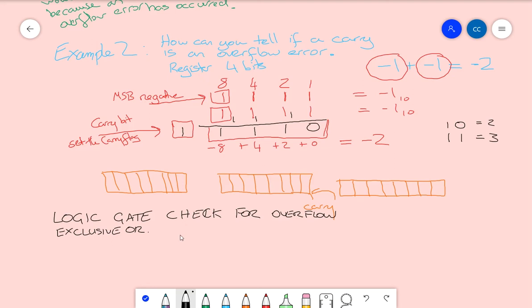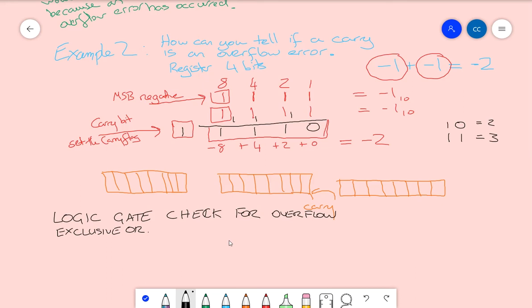Now, we've not really looked at exclusive OR, but we do know the logic rule for OR. The logic rule for OR is, if you're comparing two values, then one or the other, or both, can be true in order for the answer to be true. But in an exclusive OR, only one or the other can be true at that time, not both of them.